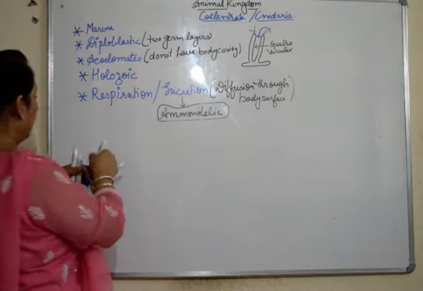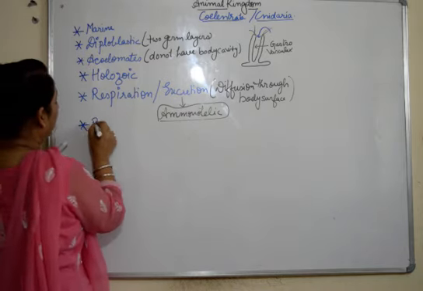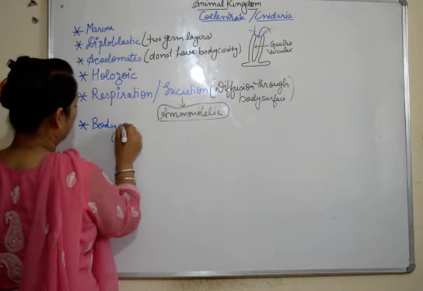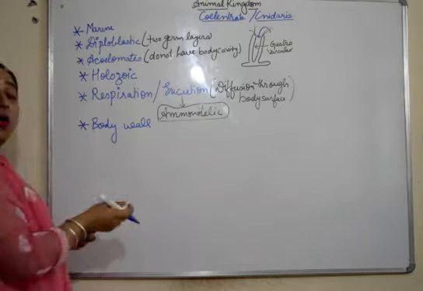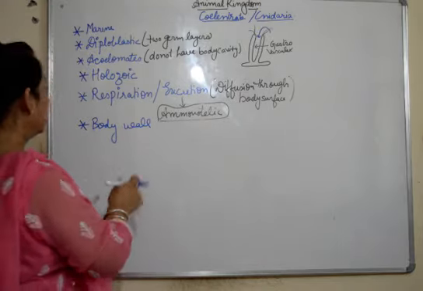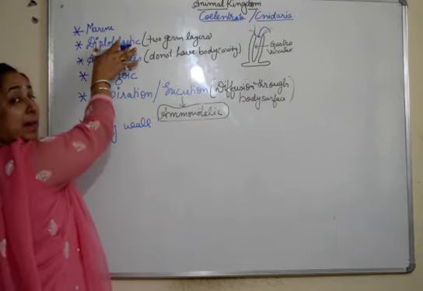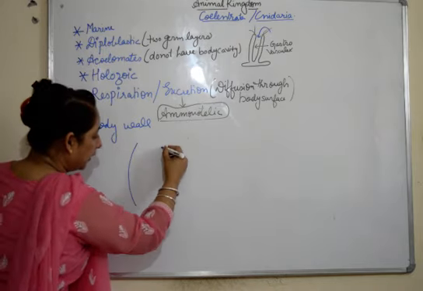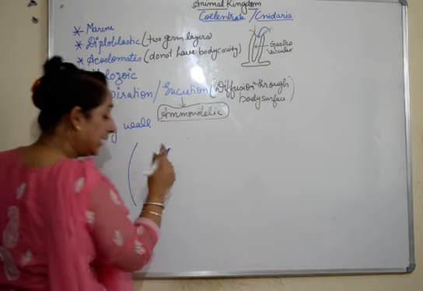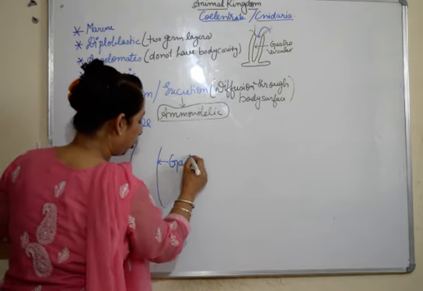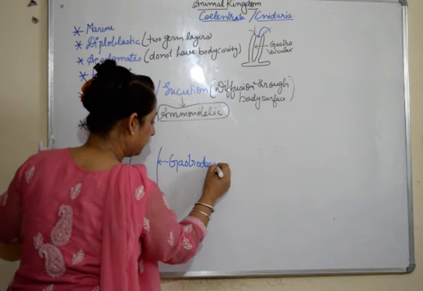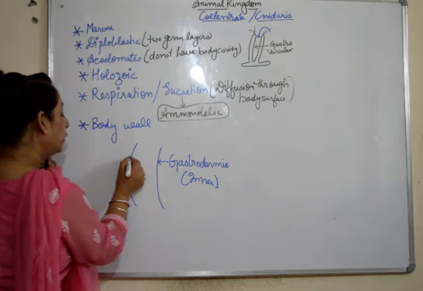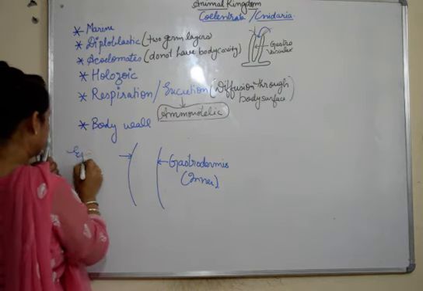Then their body wall. Now when we talk about the body wall of coelenterates, we have already discussed that they are diploblastic. Fine. So they have two layers. The inner layer is known as gastrodermis, and the outer layer is known as epidermis.